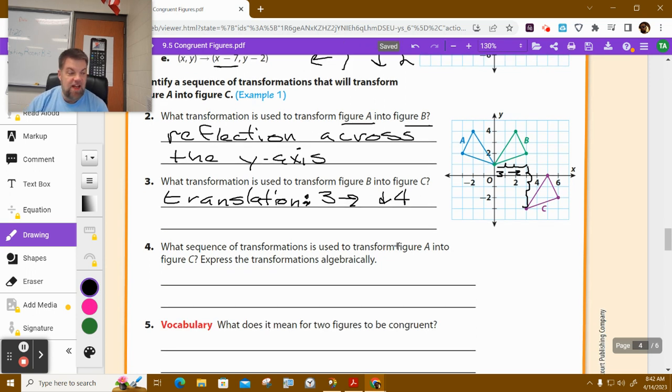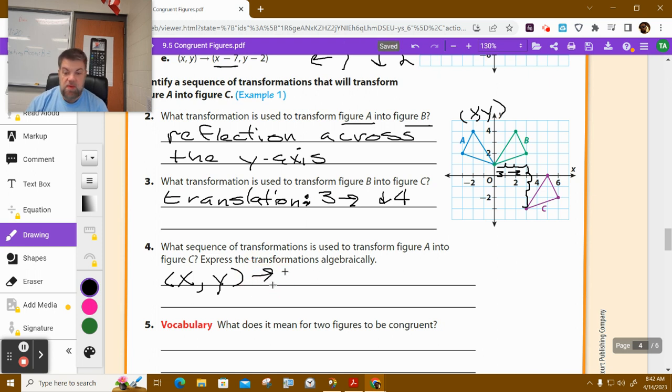Yeah. And then number 4, it says, what sequence of transformations is used to go from figure A to figure C and then write them out? So this is the algebra part. We're going to say x comma y is the original stuff. That's this right here. The blue stuff is x comma y. And then we got to write out, well, how do I do the reflection?